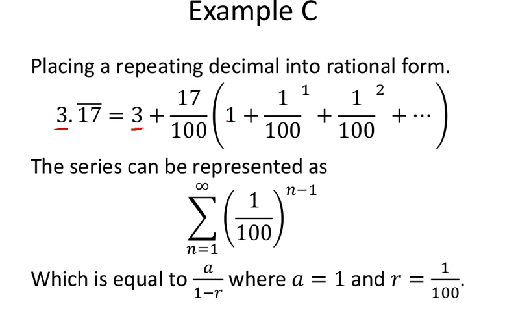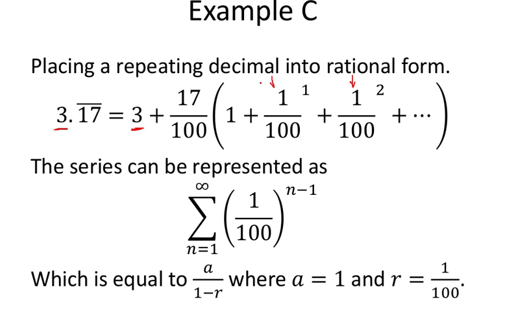And if you imagine this being multiplied by 1 plus 1 over 100 to the first power, 1 over 100 to the second power, and so on. Notice that if you take this to the second power, this is going to be 1 squared over 10,000. So you're going to end up with 17 over 10,000 for this term.